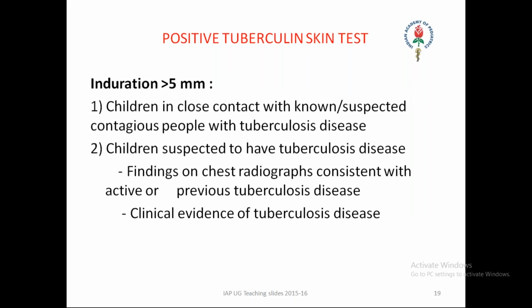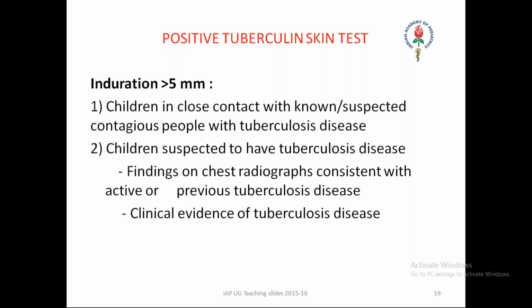Positive tuberculin skin test: induration of greater than 5 mm in children with close contact. So we should suspect if the induration is more than 5 mm. These are the conditions you should keep in your mind: children in close contact with a known case or suspected case of tuberculosis, children suspected to have tuberculosis disease, or findings on chest X-ray consistent with active or previous tuberculosis disease, or clinical evidence of tuberculosis disease.